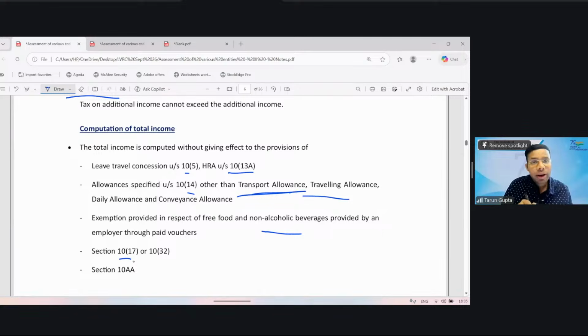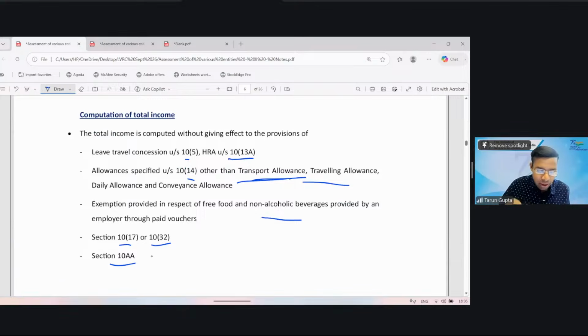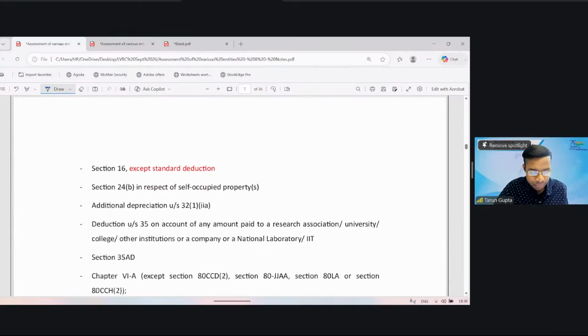Then section 10(17) for MLAs or 10(32), which is an exemption given in case of clubbing of income of minor child. This exemption under section 10 is not available if you are computing income under the new regime. Section 10AA, the SEZ deduction.